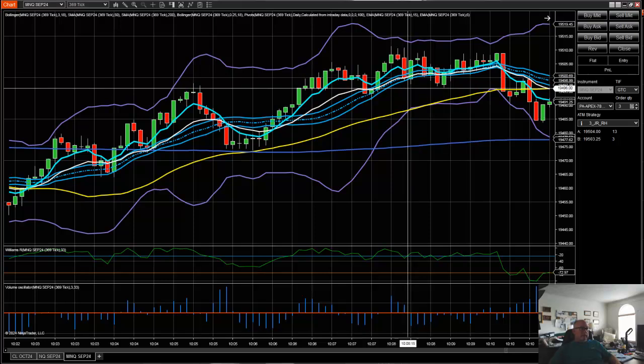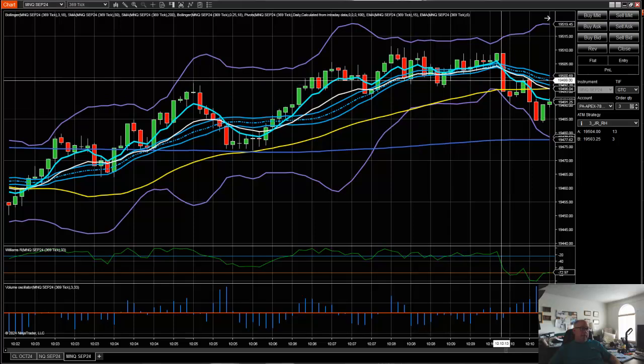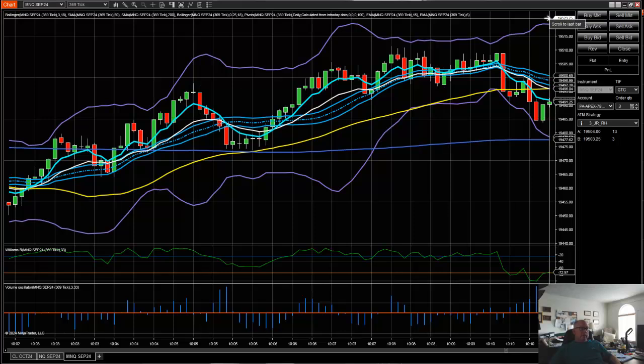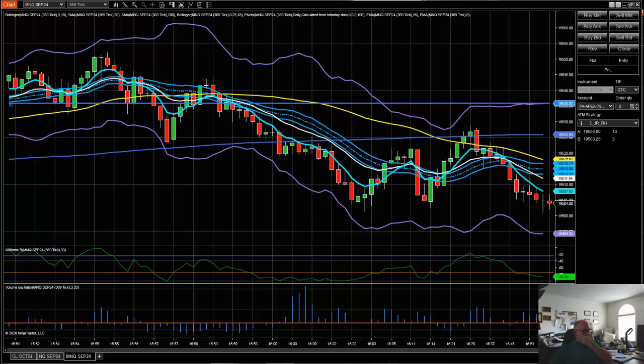But I was out when it crossed. I believe this was my exit point. When this bar printed, I think that was my exit on the trades, and I was able to grab this run right here. That made me go up roughly $100, and I was quite happy and satisfied with that after getting burned.